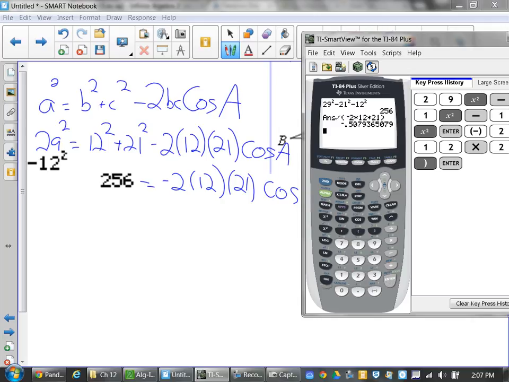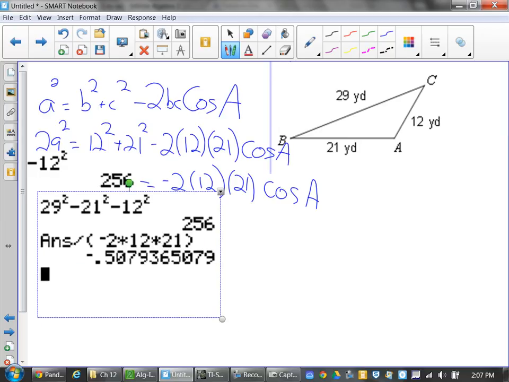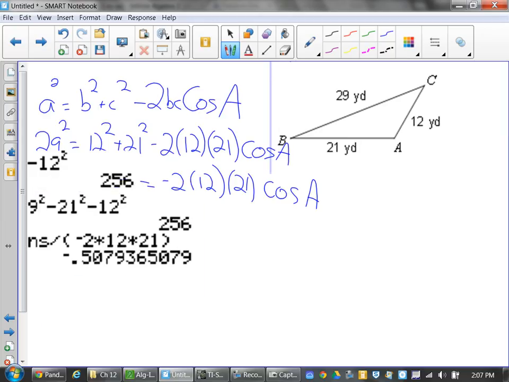That now equals the cosine of A. When you're using law of sines or law of cosines, you still have to be in degrees because triangles are in degrees. All I have to do is hit second cosine of your answer, and you should get 102 point something.